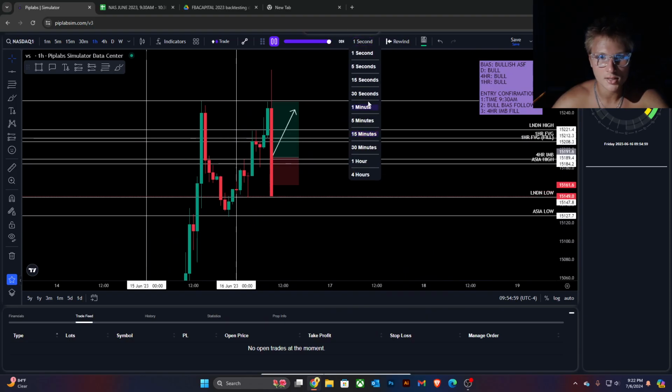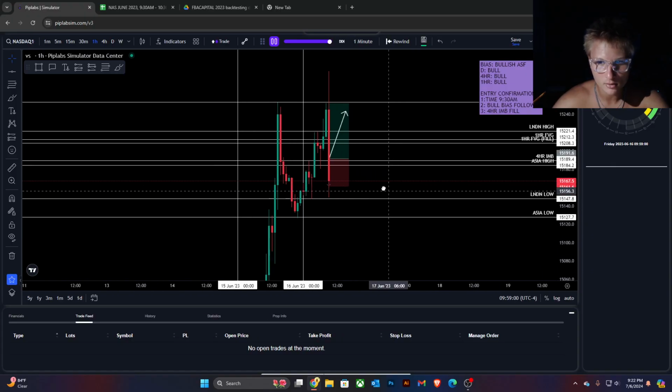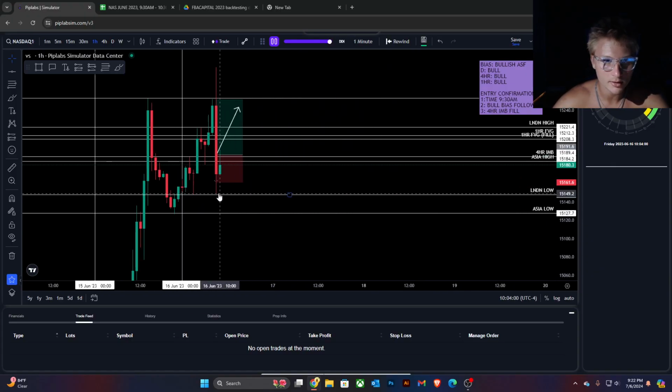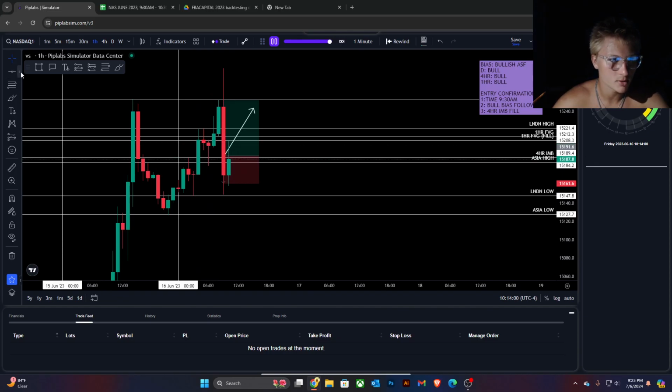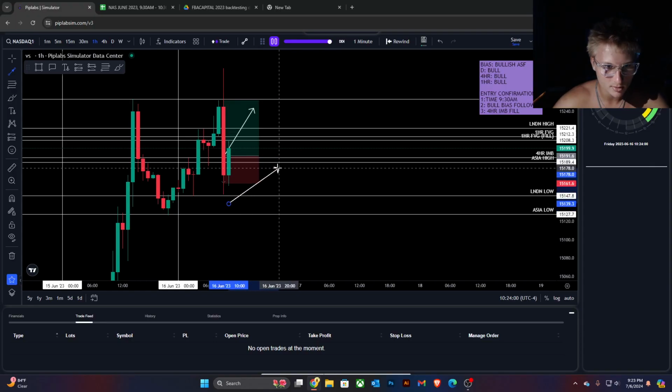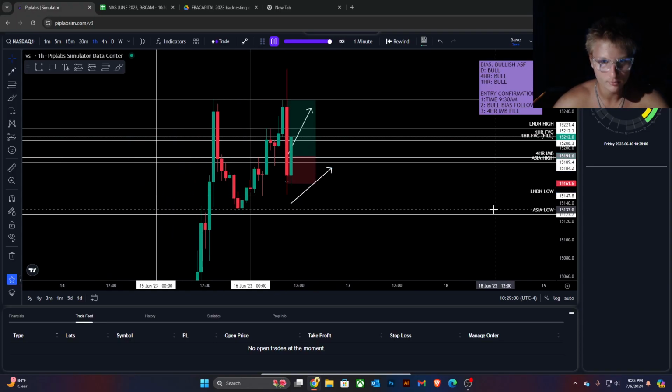Just going to watch now and see how I could have improved. London low here, almost swept, wasn't completely swept. We could want to see price reach down, sweep these London lows and continue up.